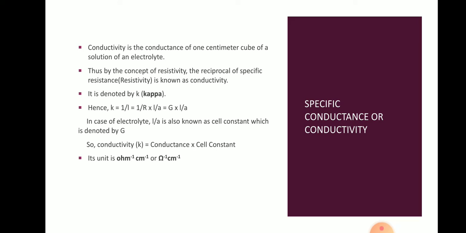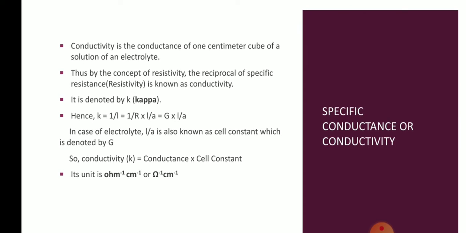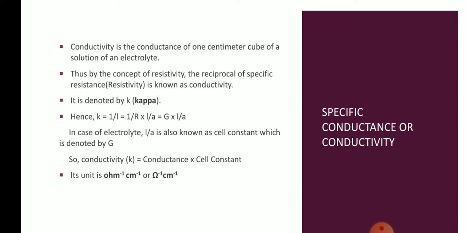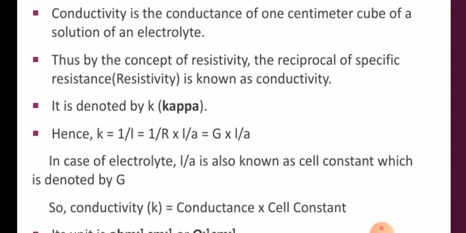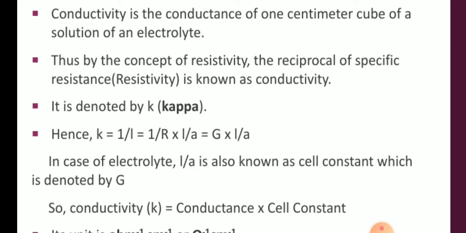Now the next term is specific conductance or conductivity. It is a special case of conductance when the volume of electrolyte is 1 centimeter cube. So conductivity is the conductance of 1 centimeter cube of a solution of an electrolyte. Thus, by the concept of resistivity, the reciprocal of specific resistance, that is resistivity, is known as conductivity.